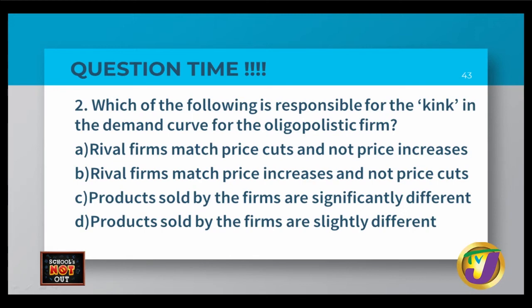Or C, products sold by the firms are significantly different? Or D, products sold by the firms are slightly different? And the answer is A. Rival firms will match price cuts but not price increases.